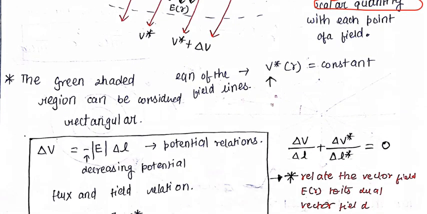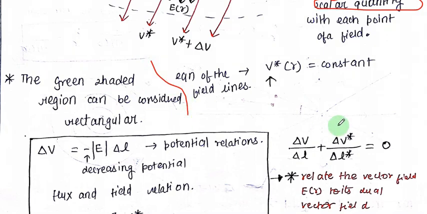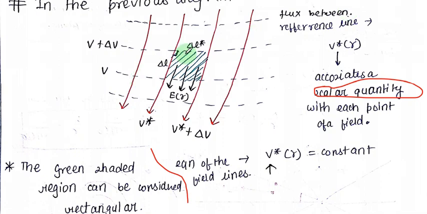The green shaded region can be considered approximately rectangular. We will be using the geometrical interpretations and the mathematical interpretations too.